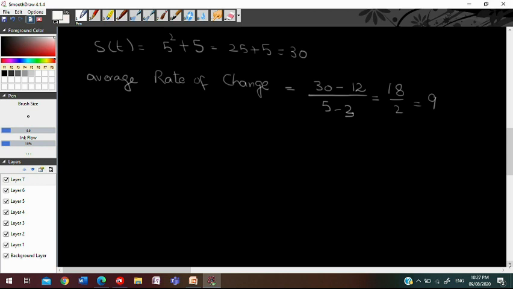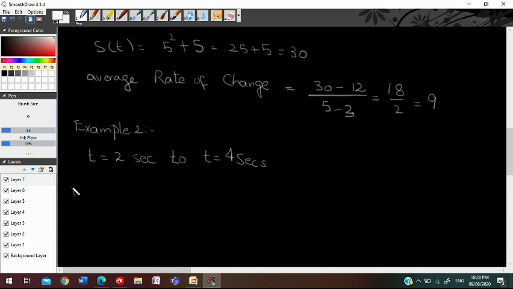You can see the second example, example 2, in which t is equal to 2 seconds to t equal to 4 seconds. You have to calculate the average rate of change from t equals 2 seconds to t equals 4 seconds, right?